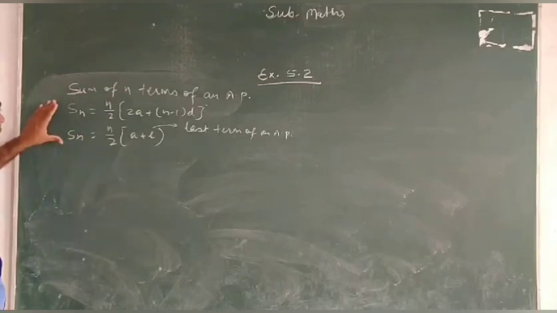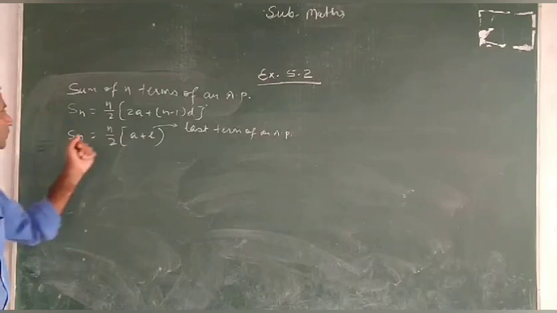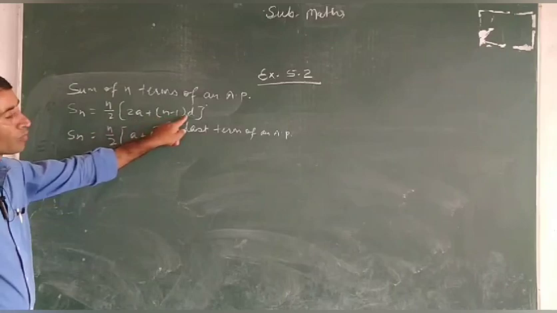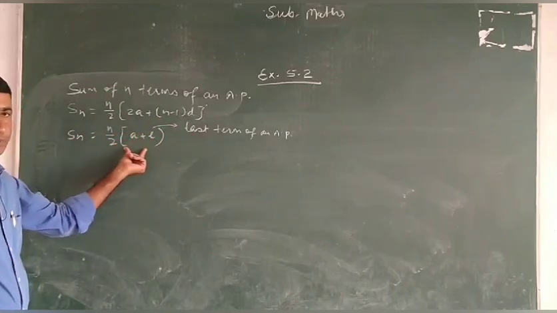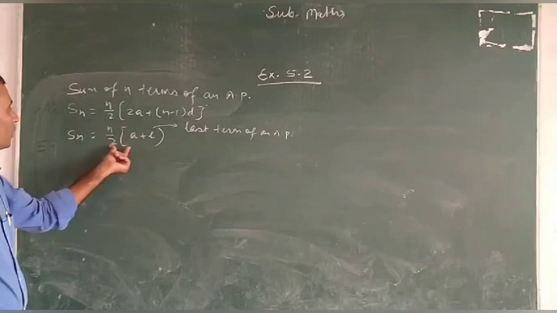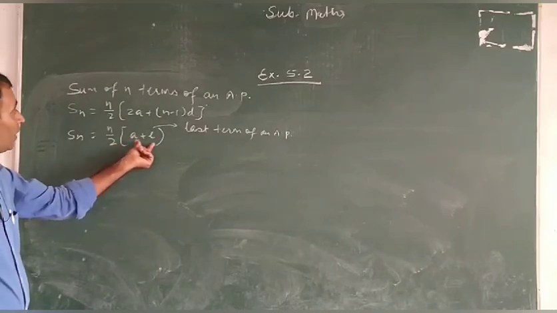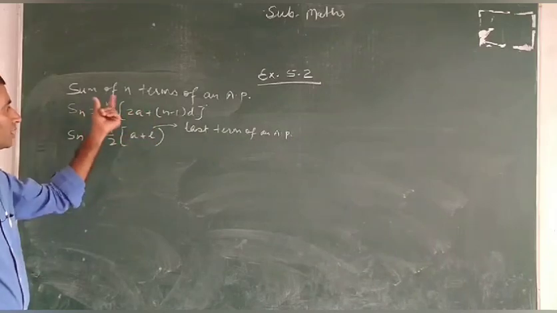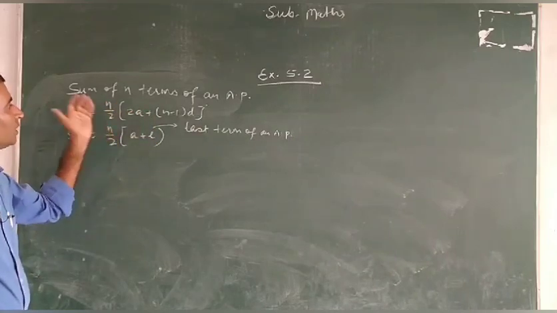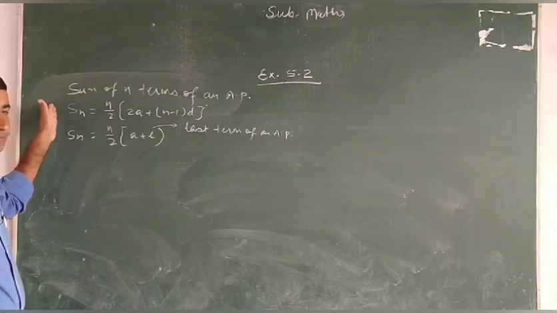In different questions or different situations, we can use this formula or that formula. For example, if in any question we don't have the common difference, then we should use this, n by 2 into (A plus L). If the last term is not given, but the common difference and the number of terms are given, then we should use the other formula.